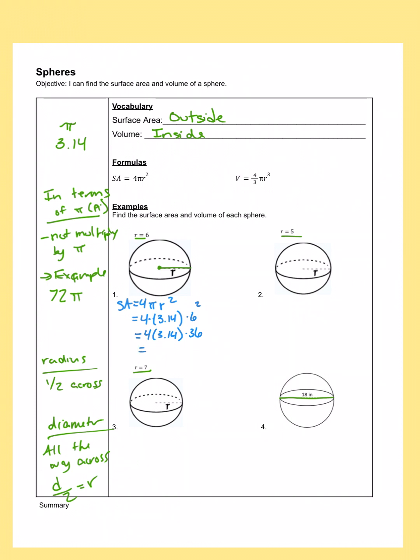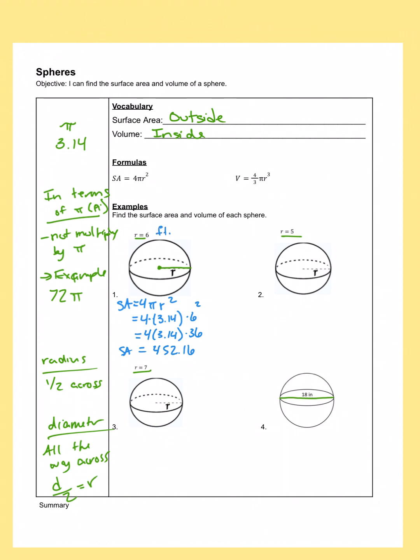And then on a regular calculator, you can just easily go across and multiply 4 times 3.14 times 36. And that's going to give us a surface area of 452.16.